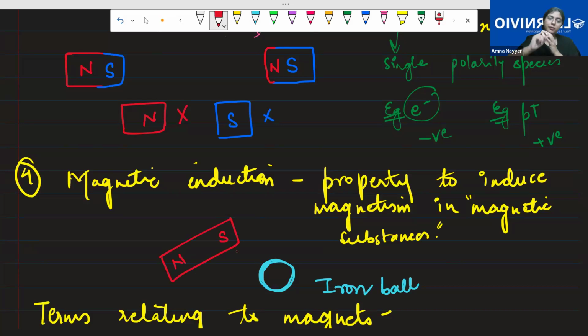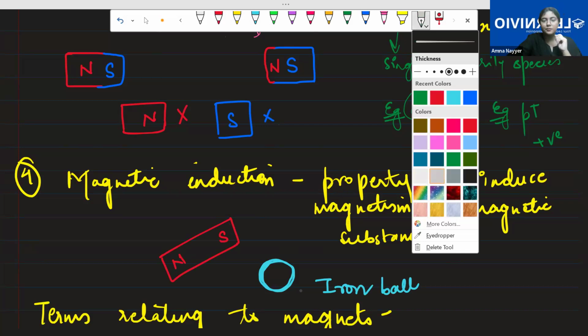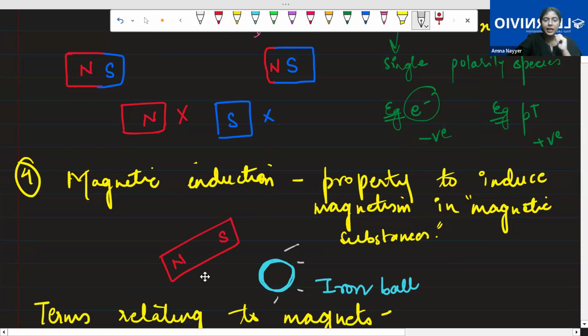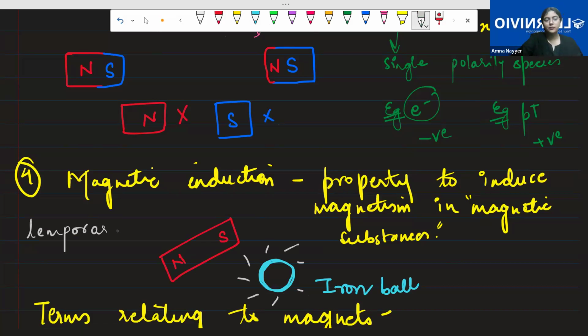After a certain time, I'll notice that the ball develops slight magnetization by itself, which is nothing but temporary magnetization. So the property to induce magnetism in a magnetic substance is known as magnetic induction. We are inducing magnetism in objects.